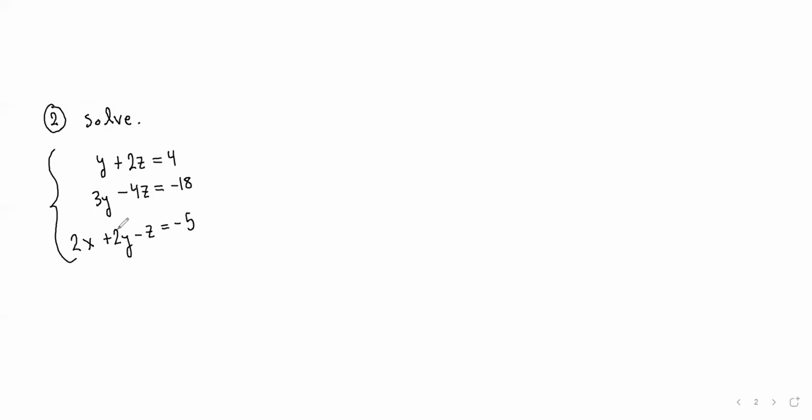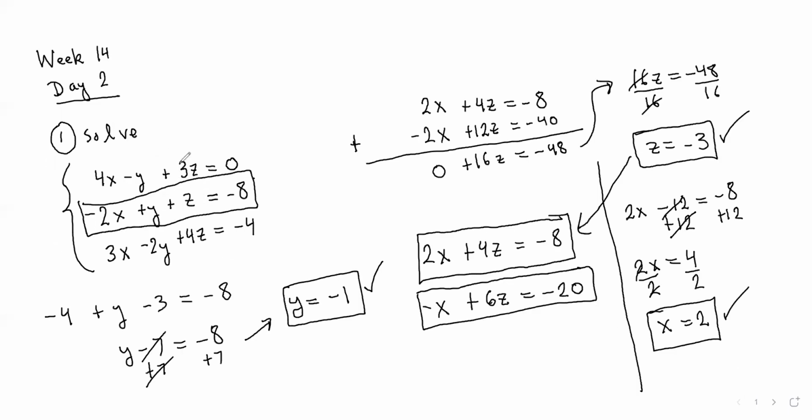And so remember how in the first problem, we did some addition and multiplication of some of these equations, and we ended up creating these two simpler equations that just had two variables. And then we solved the system of two equations.